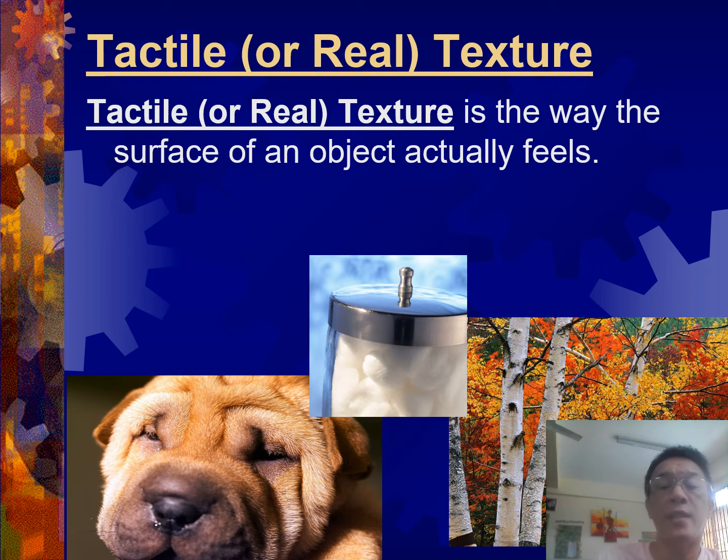Tactile or real texture is the way the surface of an object actually feels. So you can see how the picture or an art actually feels. You can see in the example below that the picture of the dog actually feels very sad. Then we have also the weather that depicts very nice weather.